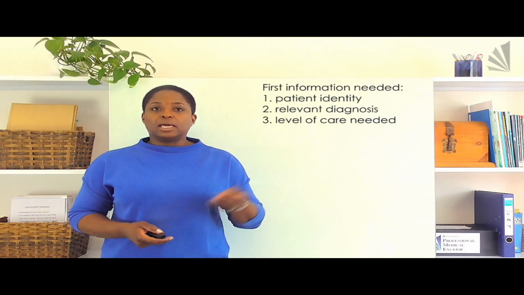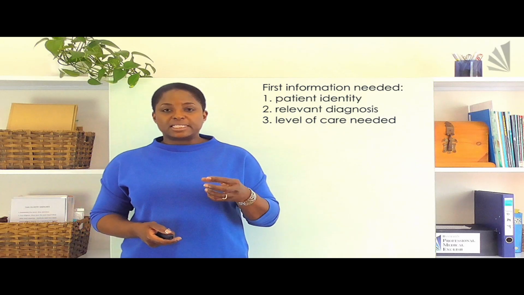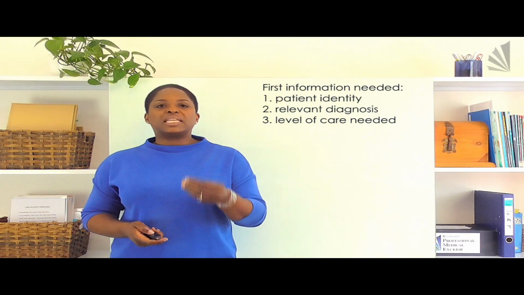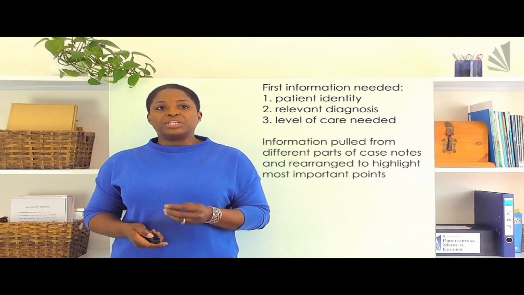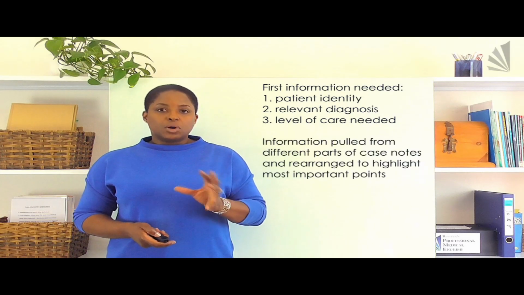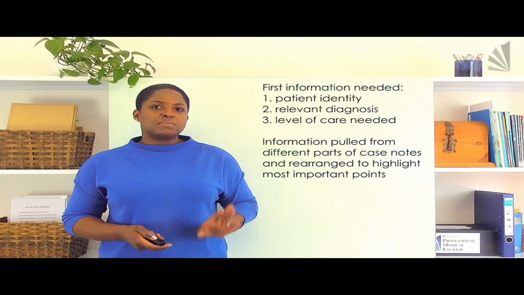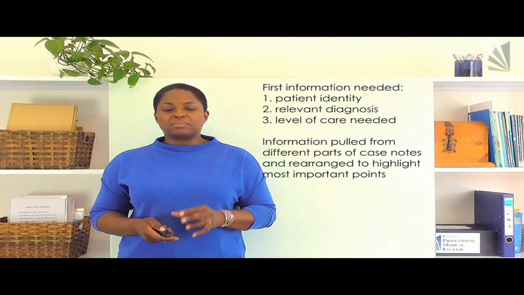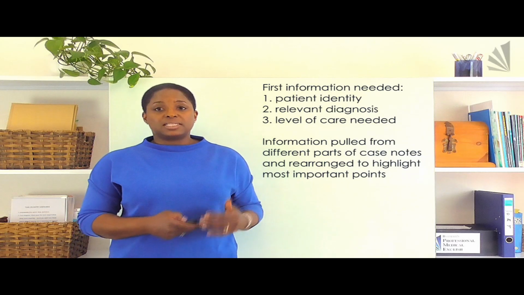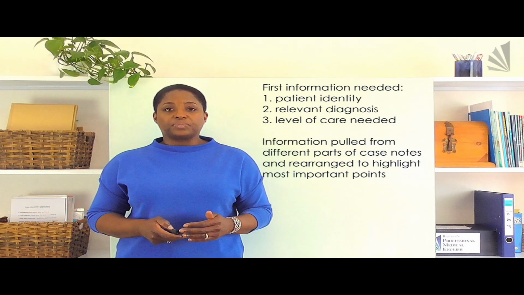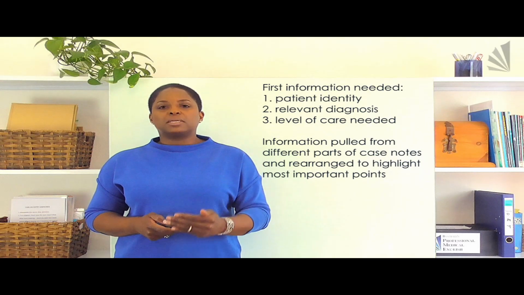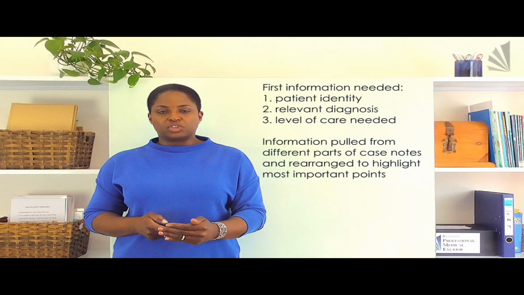So ideally, after getting the patient's identity, you get the relevant diagnosis and also the level of assistance you'll need to give. Note, however, that these three pieces of information are not set out side by side in the detailed case notes. In the case notes, the patient ID comes first, but might be immediately followed by the family information.